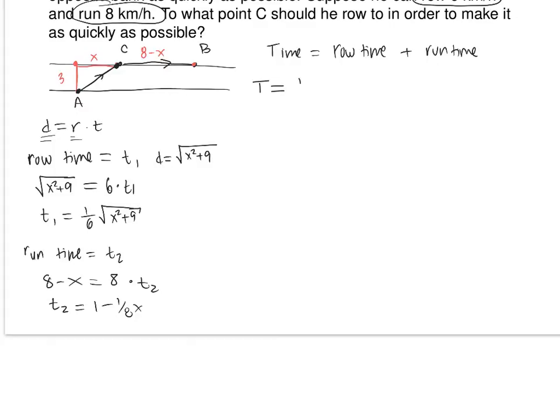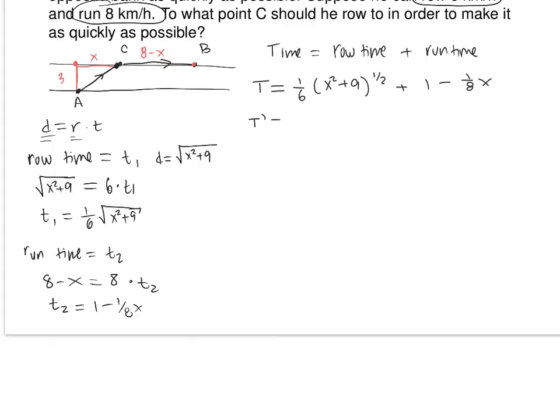Yep, so the time it's going to take him is going to be 1/6 times x squared plus 9 to the 1/2 power, because I've got to take the derivative eventually, plus 1 minus 1/8 x. Okay, so take the derivative.